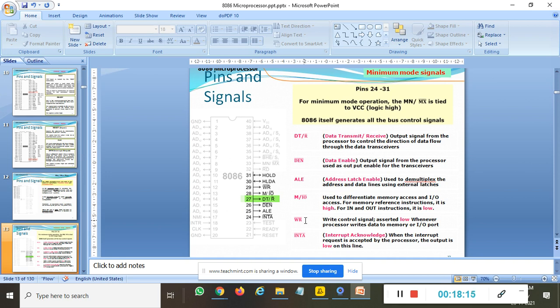Next one is INTA bar. This is the interrupt acknowledgement signal.